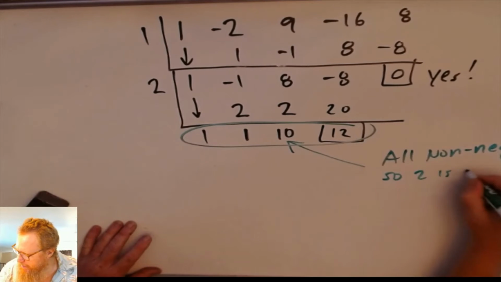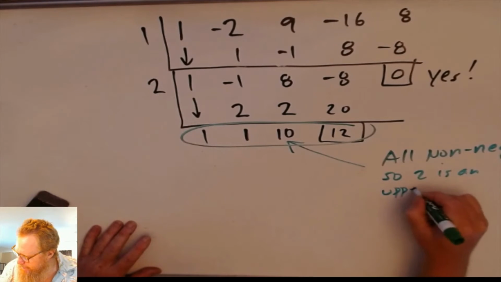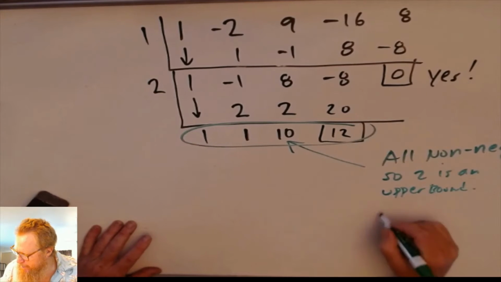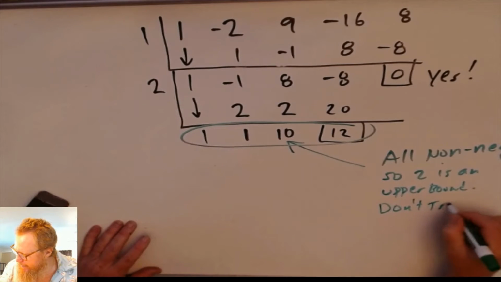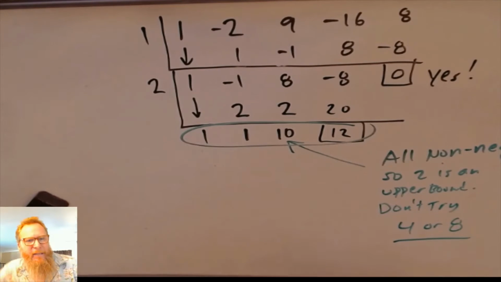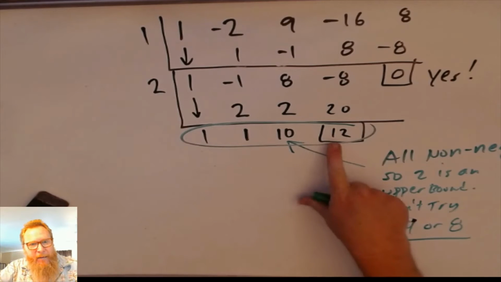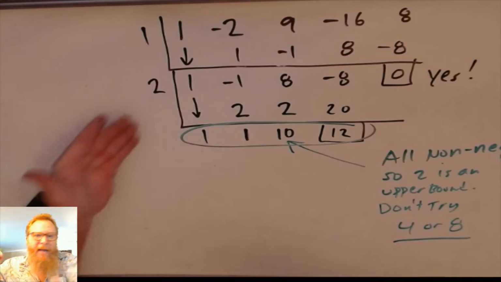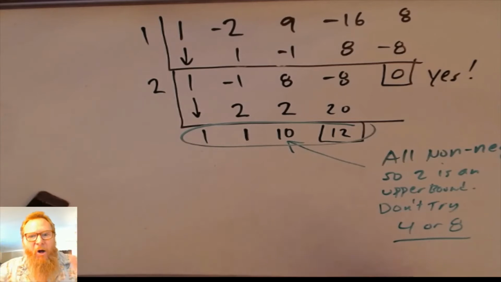So 2 is an upper bound. So don't try 4 or 8. Remember, my list was 1, 2, 4, and 8. But look, those are all non-negative. If I keep trying, I could try 4, I could try 8, and I already know it's not going to work.